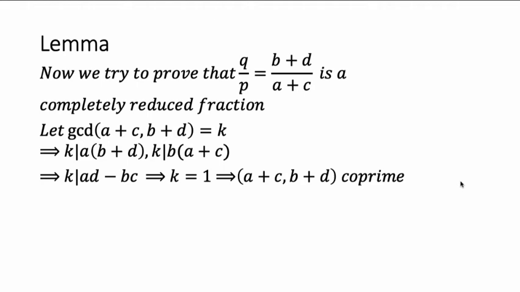If k divides 1 and k is an integer, this means that k equals 1, which means that a plus c and b plus d are coprime, proving that q over p is a completely reduced fraction.